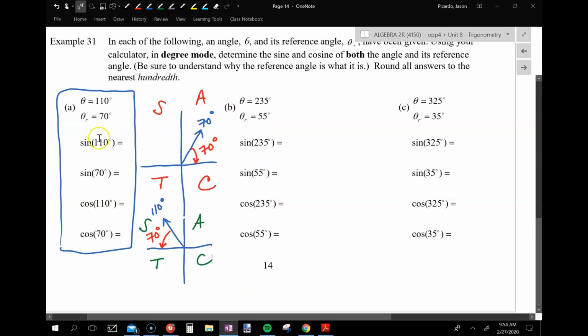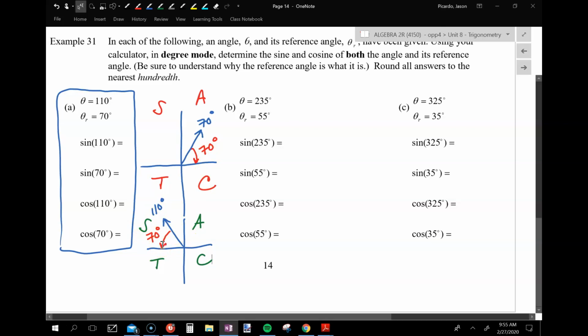In this scenario, guys, sine for both of these gave me the same value, right? Well, let's talk about why. What is the value of sine in the first quadrant, positive or negative? Positive, because what's positive in the first quadrant? Everything. Now, what about sine in the second quadrant?